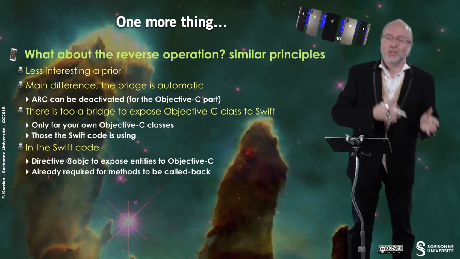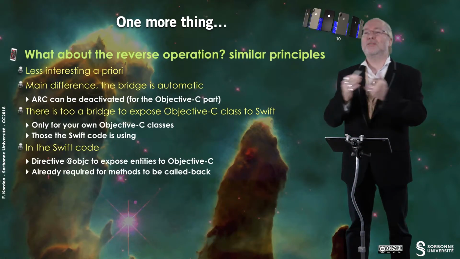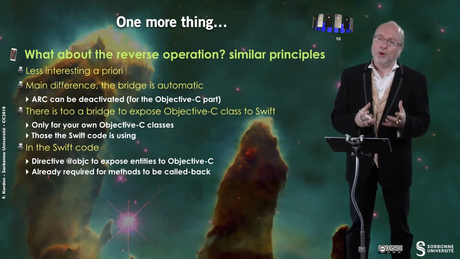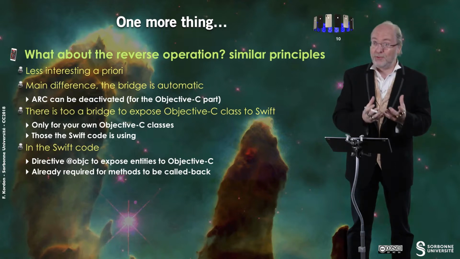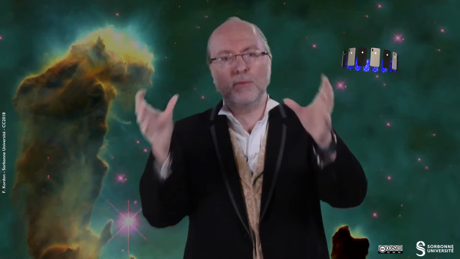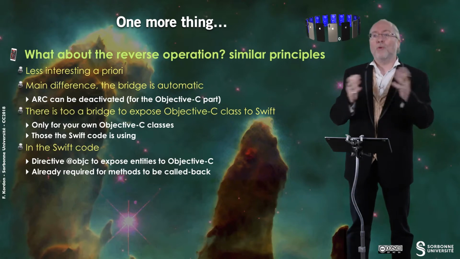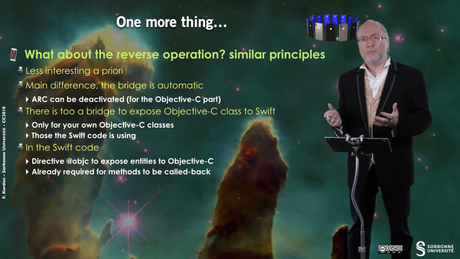Because the trend is to change Objective-C code to Swift, not the reverse. So a priori, when you create a new project, you create it in Swift, and then you might have some remaining libraries you want to invoke that are still written in Objective-C. But of course, as you can imagine, the other way is absolutely possible.